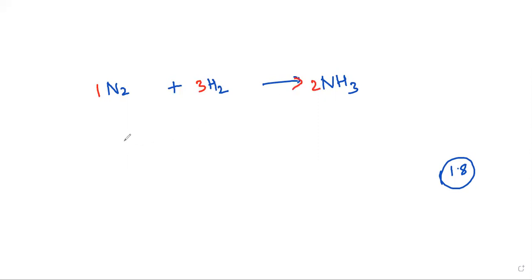How much N2 is given? 3.2 moles, and it is already in moles, so you don't have to convert it. So 3.2 moles of N2 and 5.4 moles of H2.